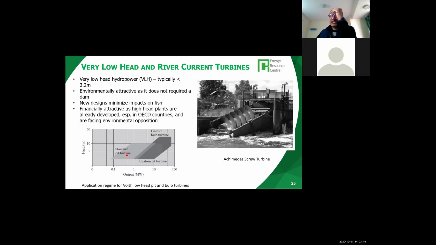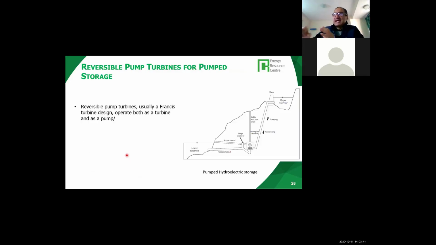But one thing you have to be careful about is the efficiency of converting just the kinetic energy in the flow would require very big turbines, like runners in a wind turbine. So the feasibility of such for large hydro is very limited. Okay, but I just wanted to mention that.